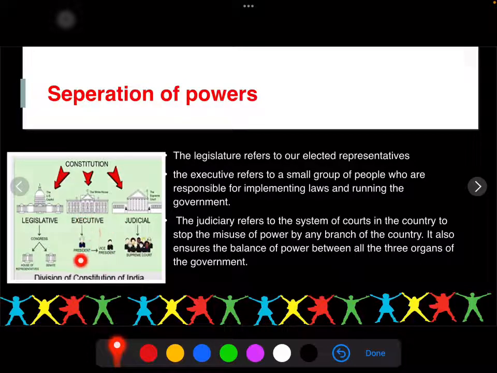No, in executive, the vice president elects the. The president elects the executive. Judiciary, example, Supreme Court. See, the picture is wrong here, sir.